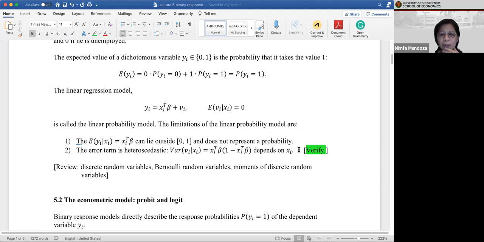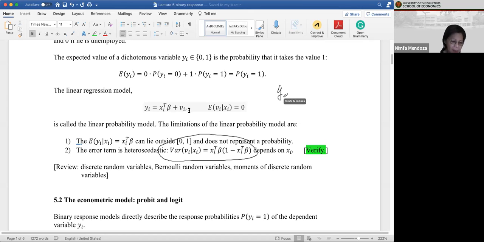So for this, I want you to verify this. You have to use the variance formula for discrete random variables, and you have to use the information: if y sub i is equal to 0, what is v sub i?